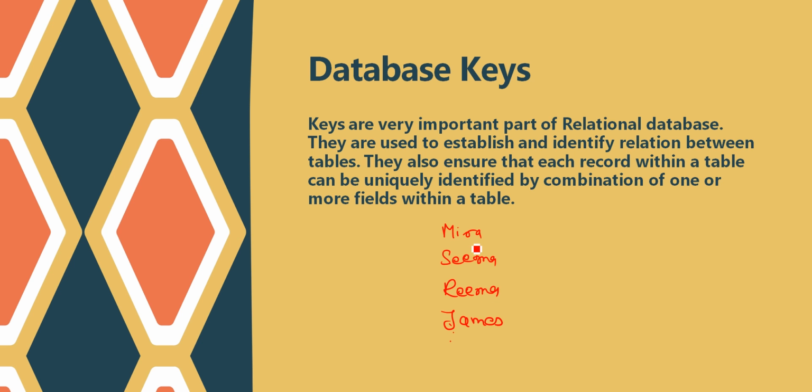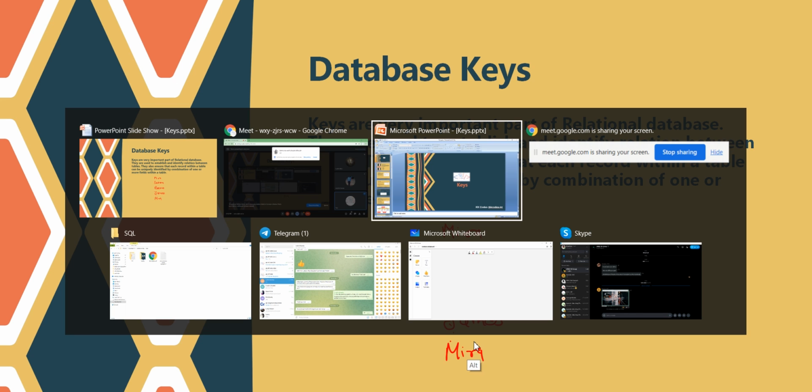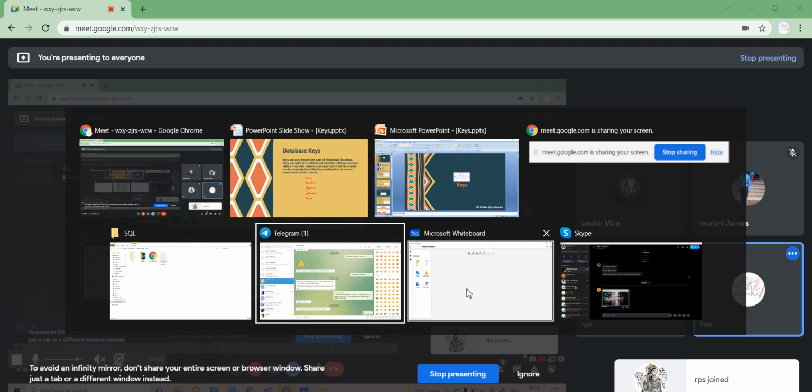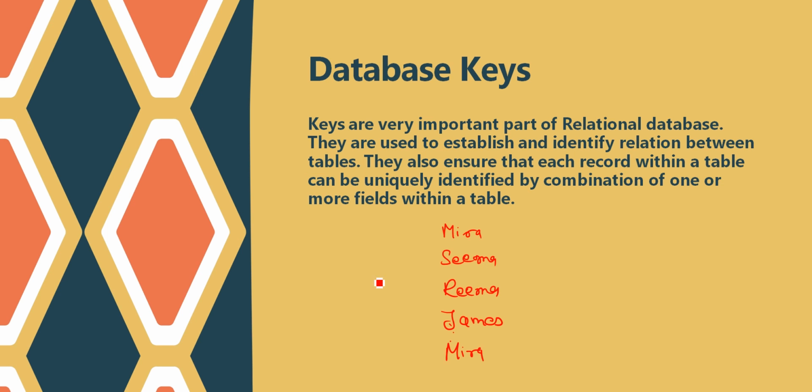Let's say one more Meera came to our school. Then, to not depend on just her name, I will create one more column, ID, and this ID will be unique to each and every one, right?